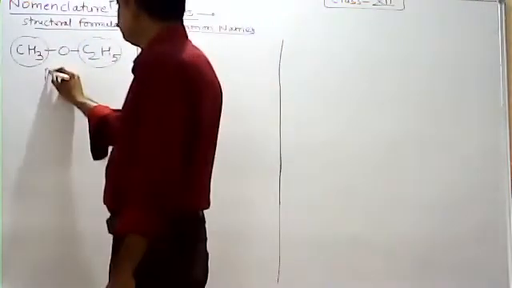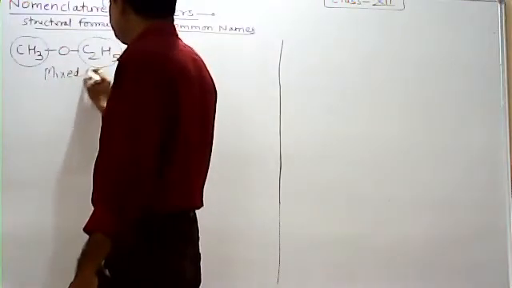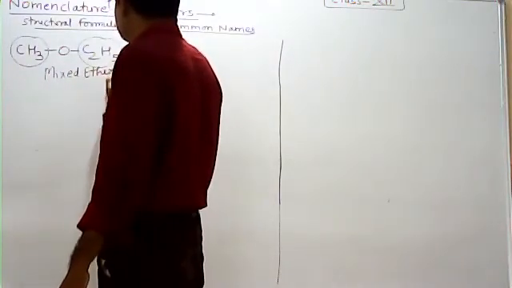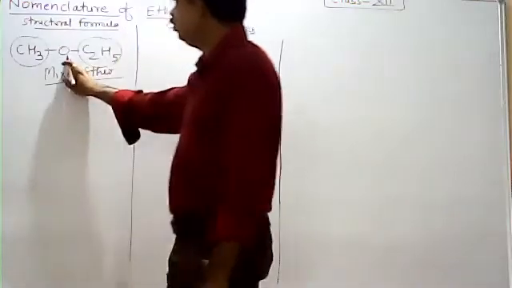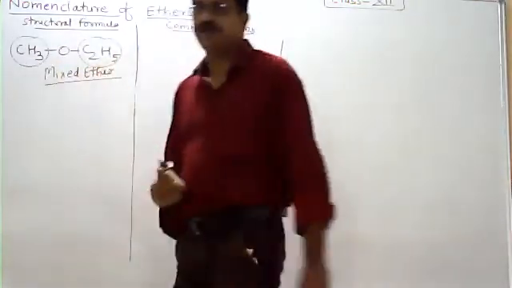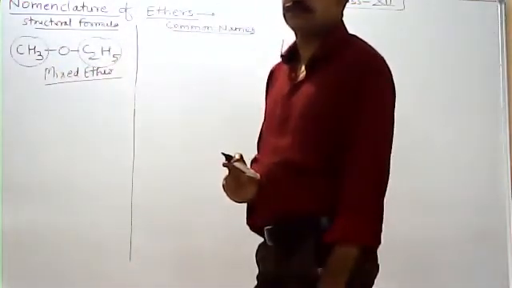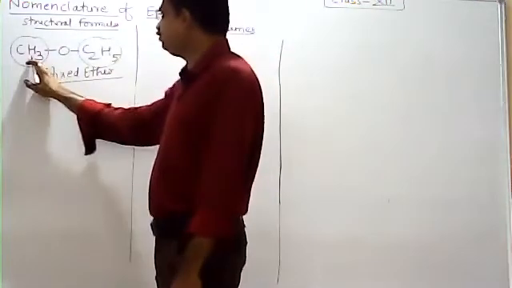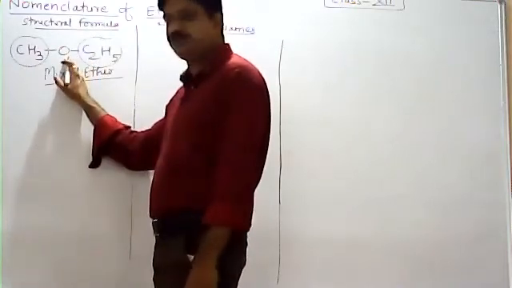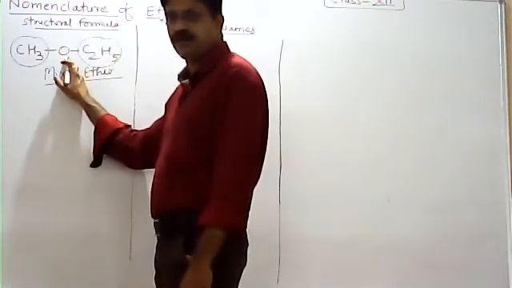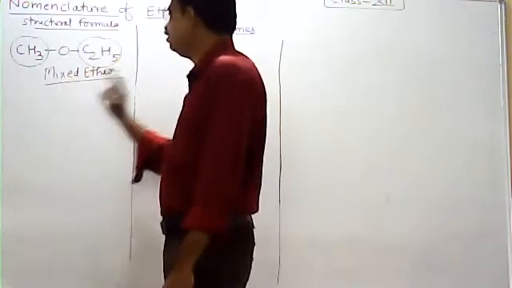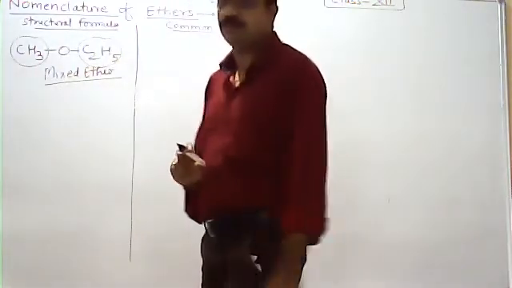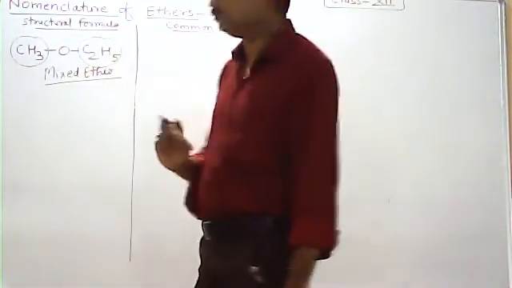What is a mixed ether? Mixed ether means the oxygen is attached to two different alkyl groups. The ether in which the two alkyl groups attached to the oxygen atom are different is called a mixed ether, which is also called an unsymmetrical ether.